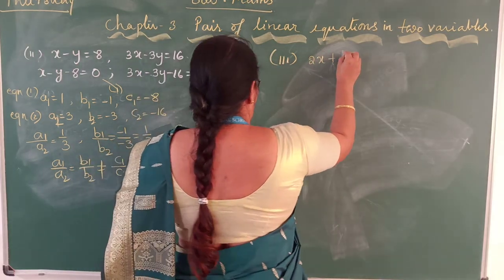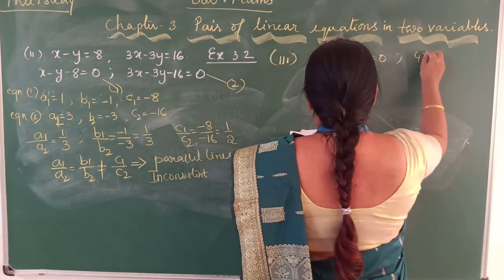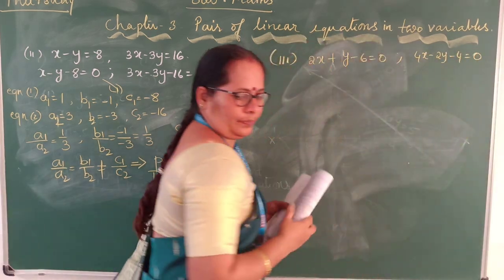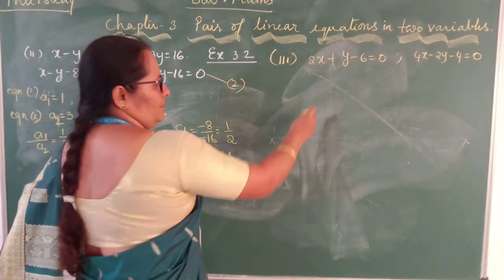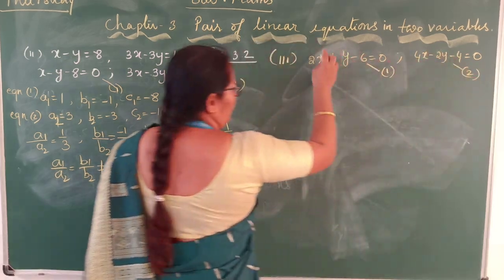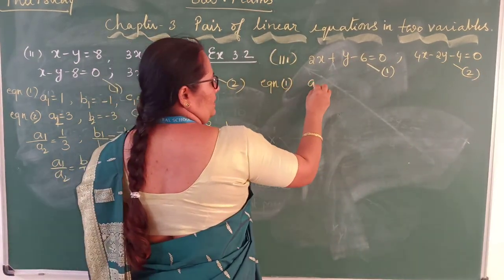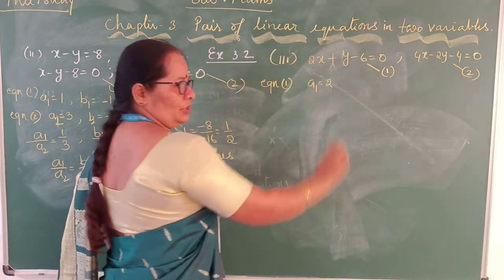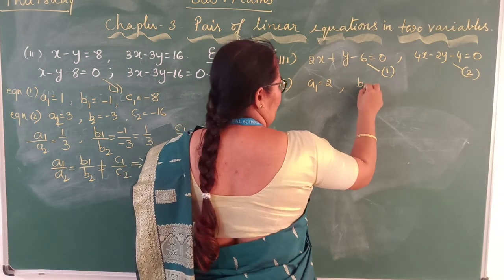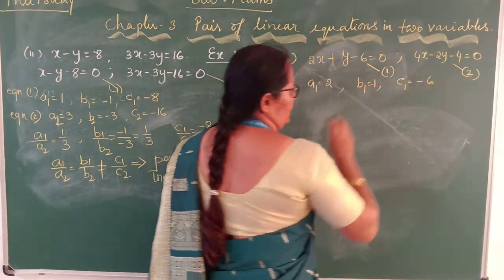2x plus y minus 6 equals 0 and 4x minus 2y minus 4 equals 0. This is the first equation and this one is the second equation. In the first equation, what are the coefficients? a1 equals 2, the coefficient of x, and the coefficient of y is 1, so b1 equals 1 and the constant term is minus 6.